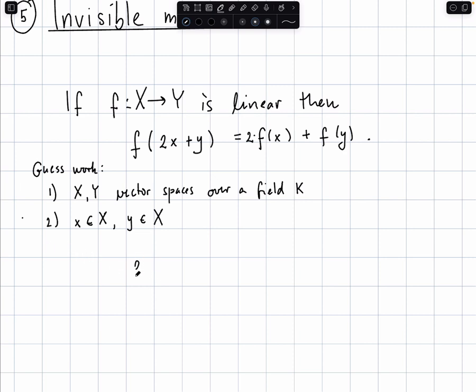What is this 2? Specifically it could be a natural number, right? Usually it's a natural number, but it can't be a natural number here. Or maybe it is, but then the dot is something weird.